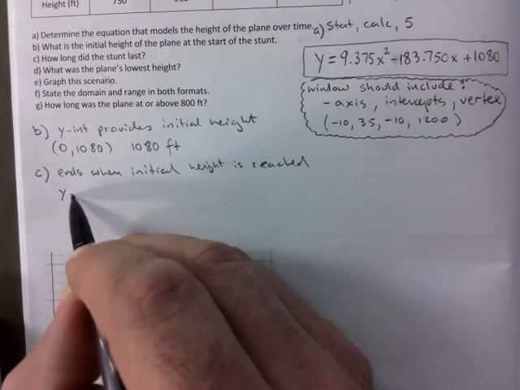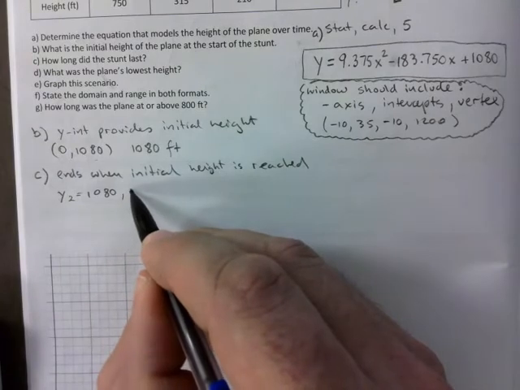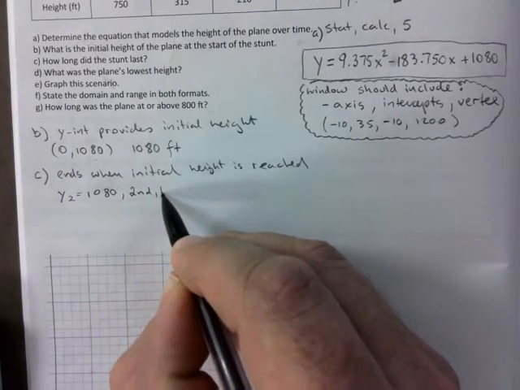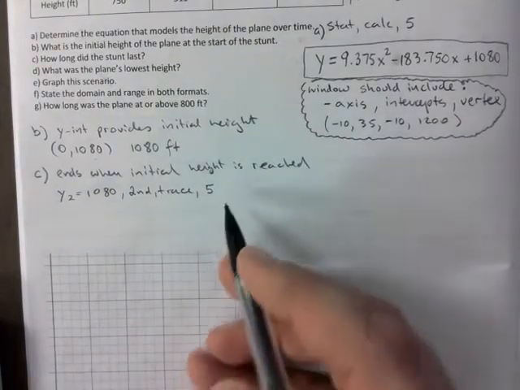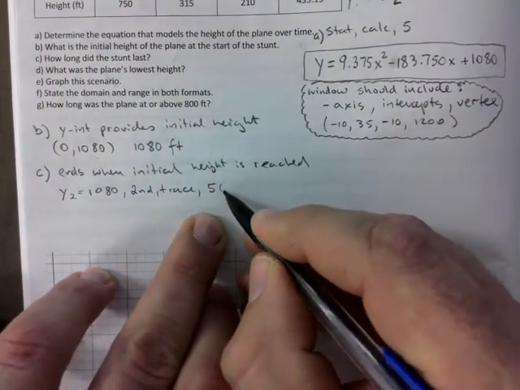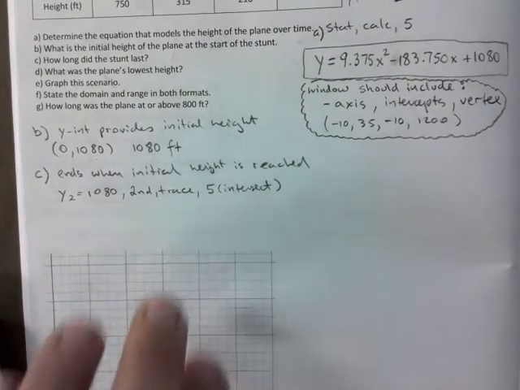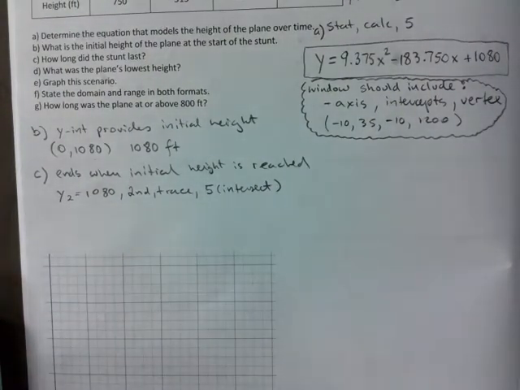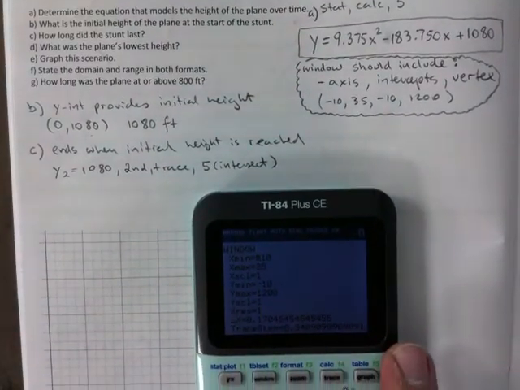Initial height was 1080, correct? And we're going to go second trace 5, right? Second trace intersect. Let's write that down, intersect, to figure that out. So grab your calculators.